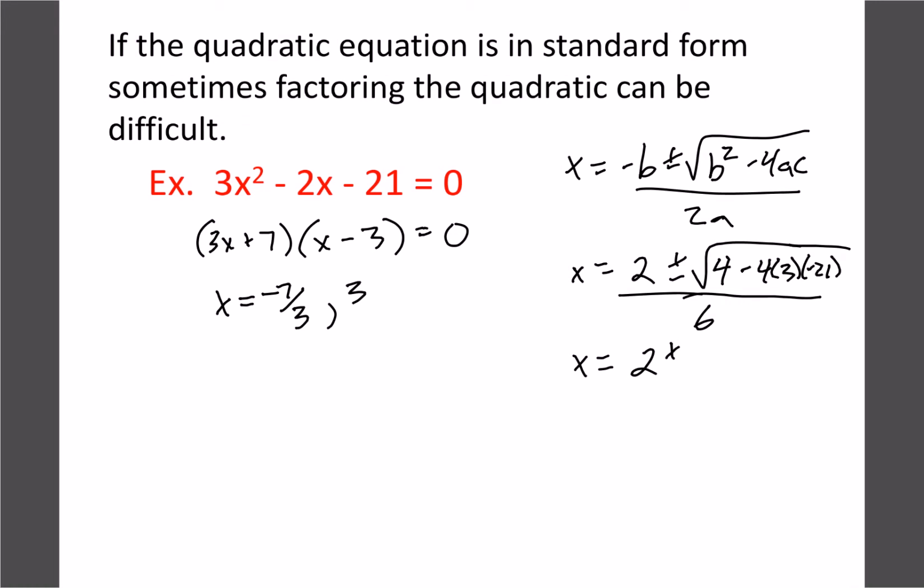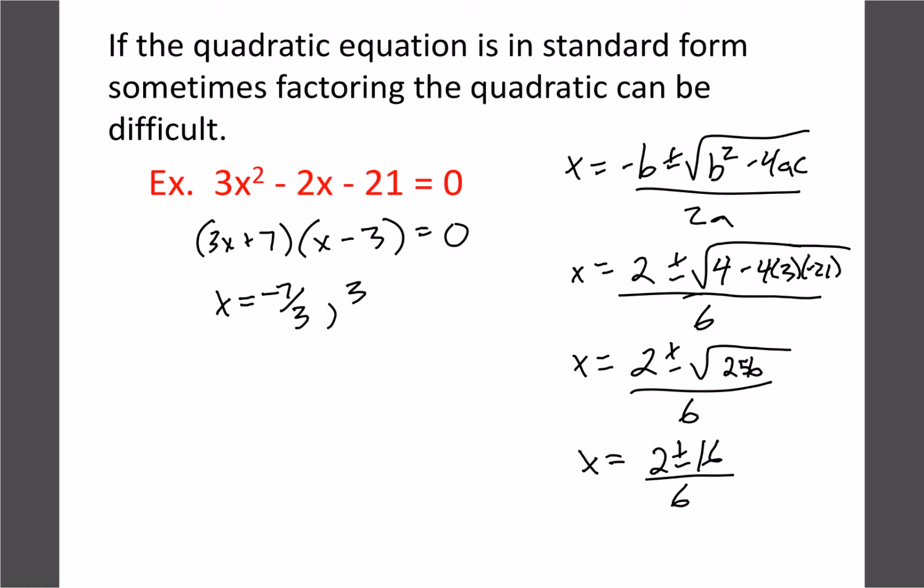So if we simplify all this, 4 times 3 times 21 gives us 256 under the square root all over 6. But the square root of 256 is actually 16, so we get 2 plus or minus 16 over 6.